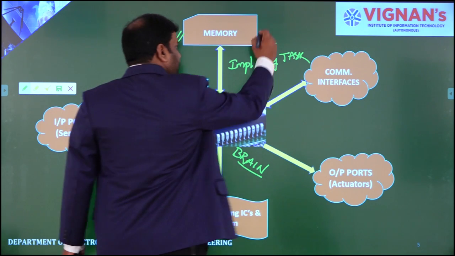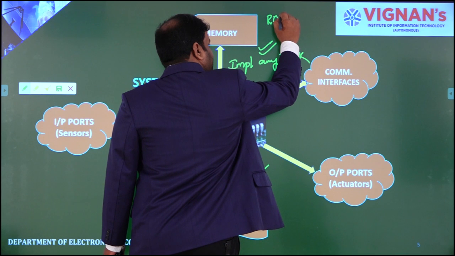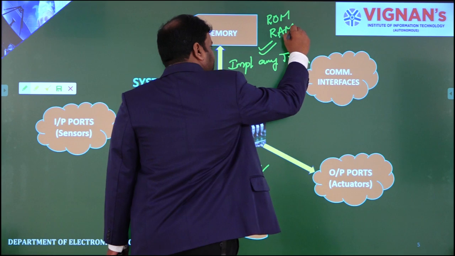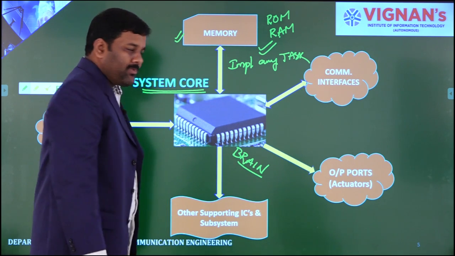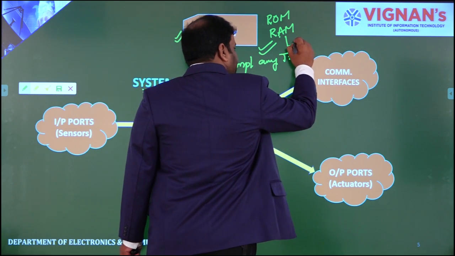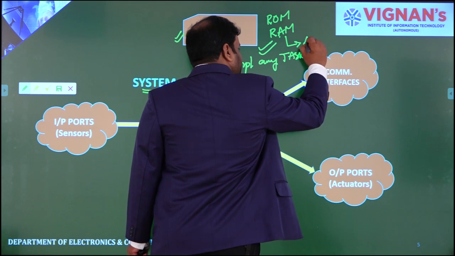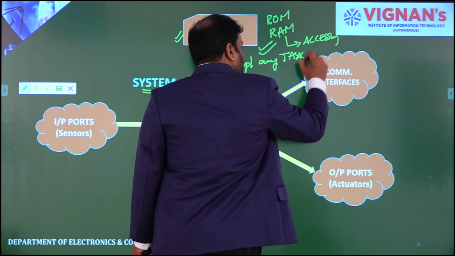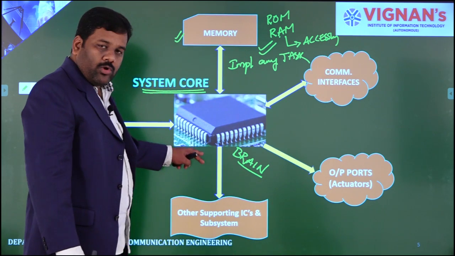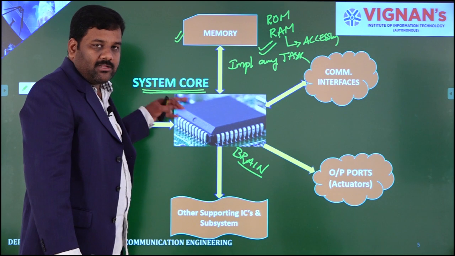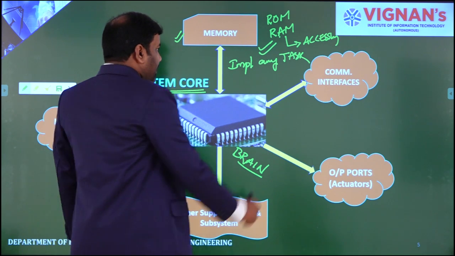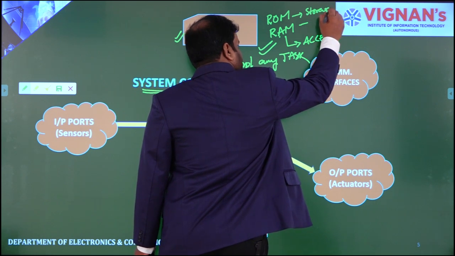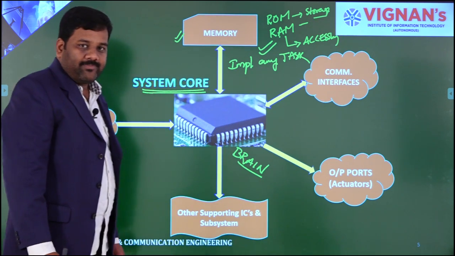Here we learn memory is of two types. First one is ROM, read only memory, and next one is RAM, random access memory. RAM is only for accessing the information from the core or from the IO devices or external input devices, and ROM is only for storage. It's just like our hard disk, HDD.